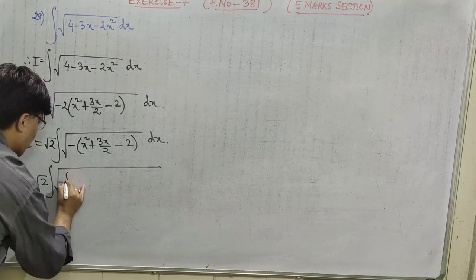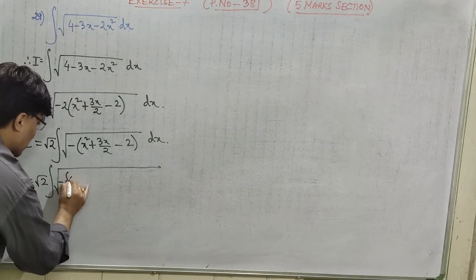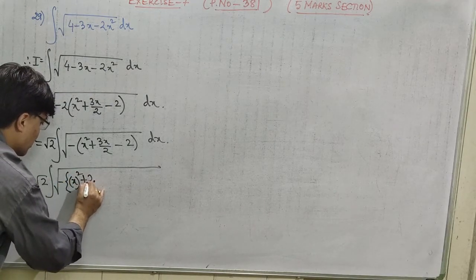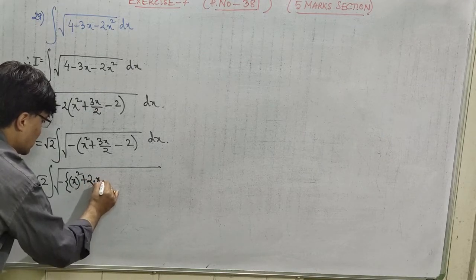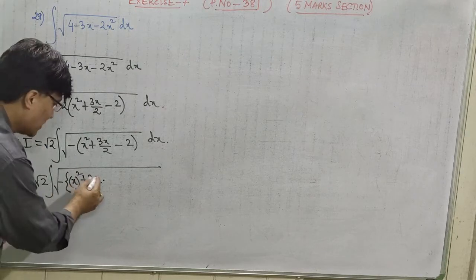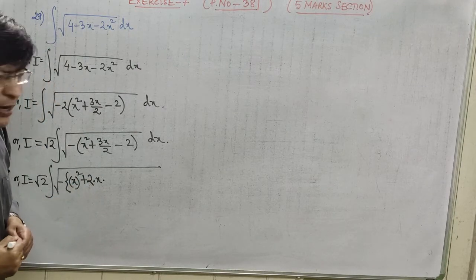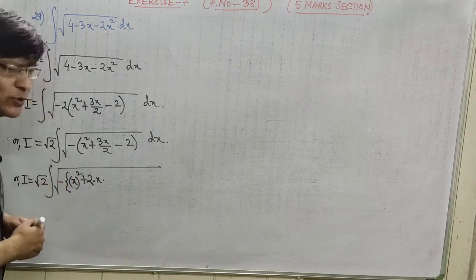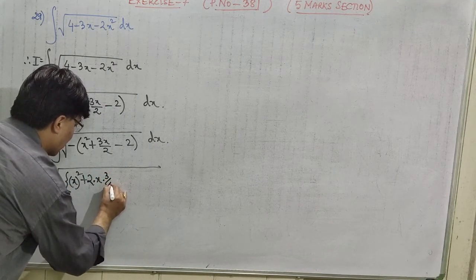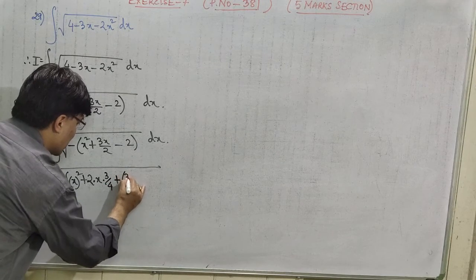So let us convert into perfect square form. Within the second bracket, what is a whole square? x whole square plus 2 into, a is x. What should be the value of b, so that you can have 3x by 2? 2x is already there. By which term will you multiply 2x to get 3x by 2? So it should be 3 by 4 plus, what is b whole square?